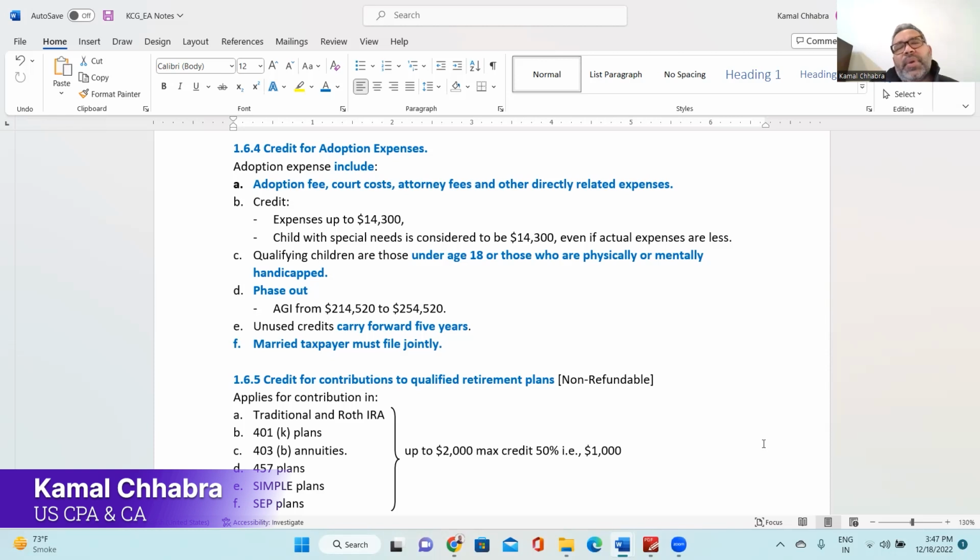So your tax payable is $10,000, but you have a tax credit of $14,300. So in that scenario, the $4,300 which is the excess tax credit you can carry forward for the future 5 years and set off against the tax liability of future periods. That's what point number E is, right?